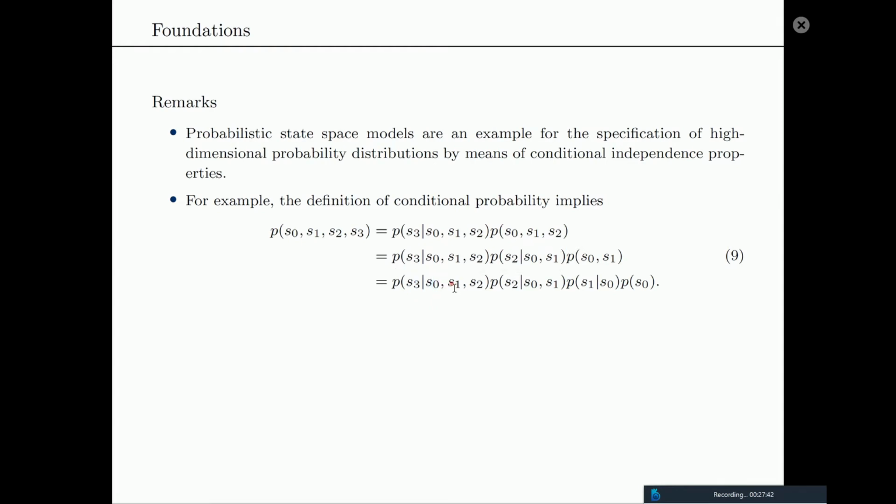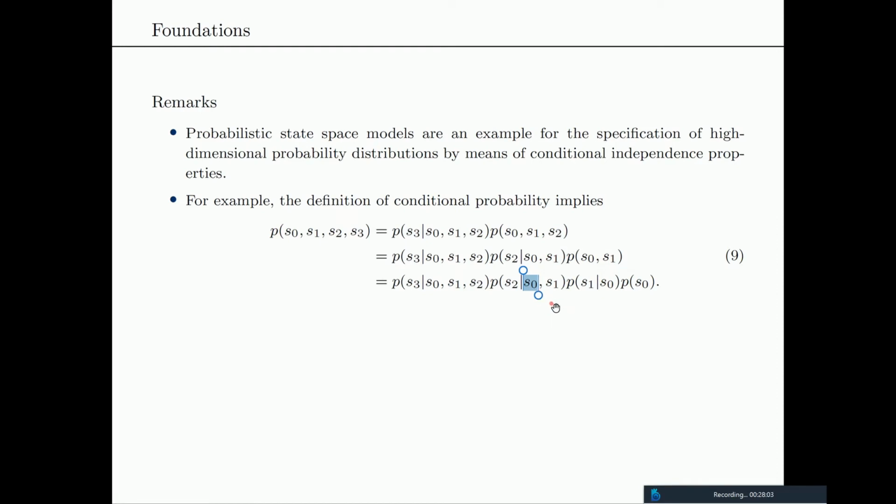But only given S2. And the same here, for example, S2 naturally depends on S0 and S1, but you can then define that S0 is not supposed to have an influence on S2, but only given S1. So that's the conditional independence.